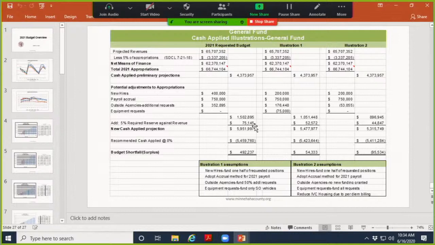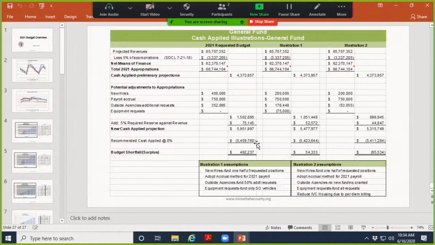That would increase the required reserve by $75,000, and it would result in a new cash applied projection of $5,951,000.